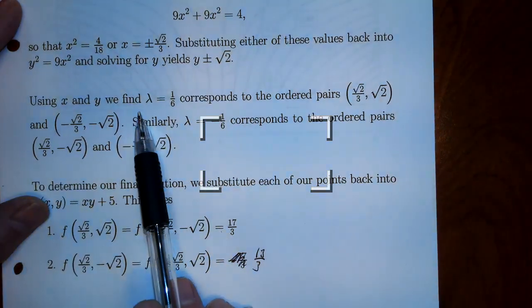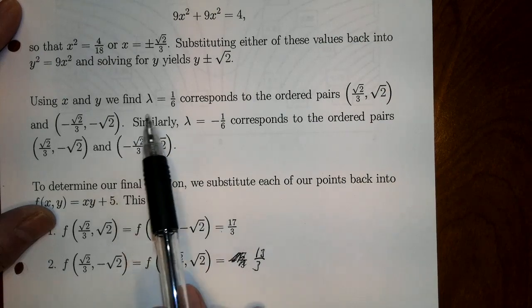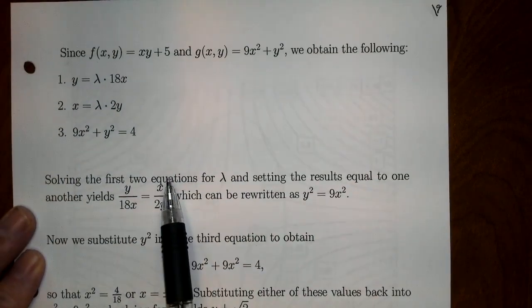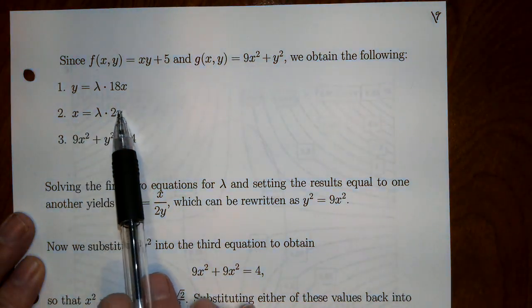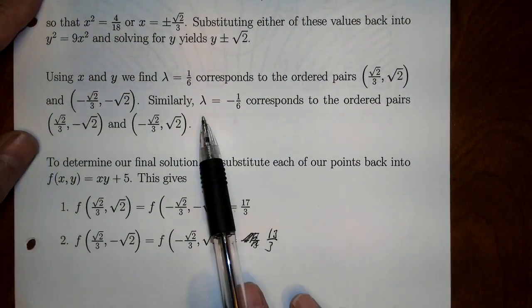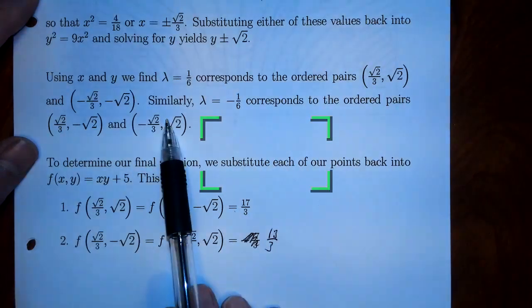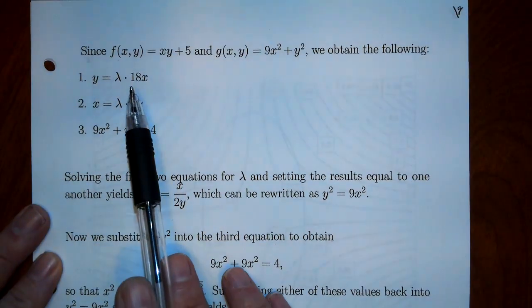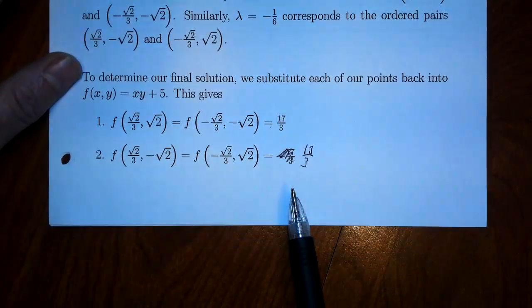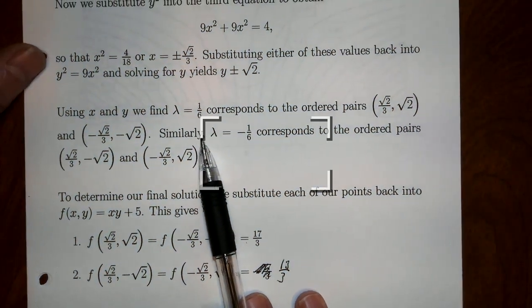Now, using x and y, this ordered pair and this ordered pair will give us a lambda value equals 1/6. We can get that by substituting the x and y in and solving for lambda. Lambda equals minus 1/6 is what happens when we use the other 2 ordered pairs to solve for lambda. So how do we determine which ordered pairs are solutions?